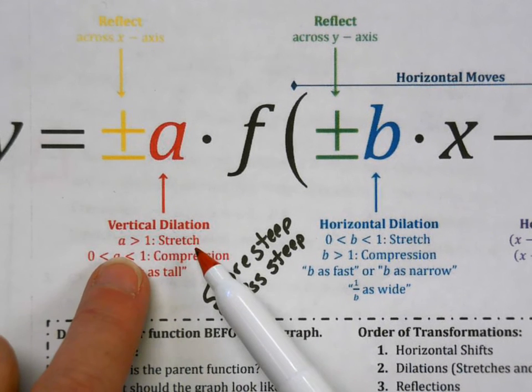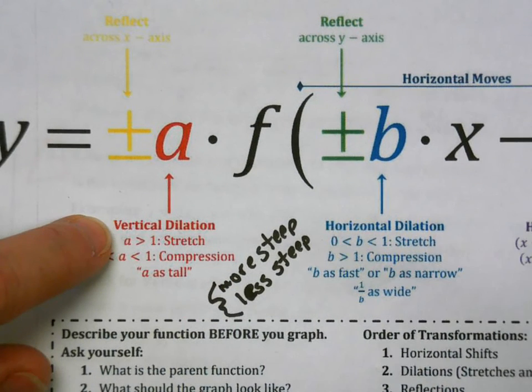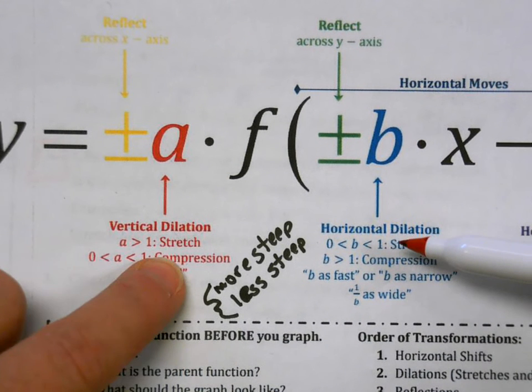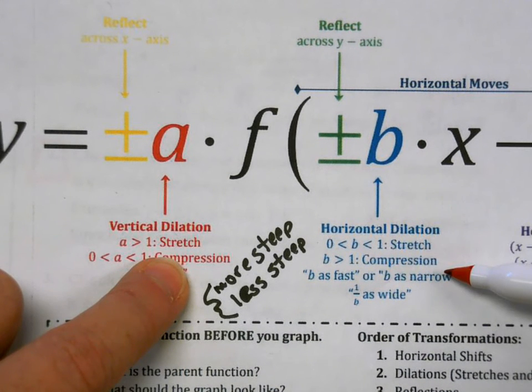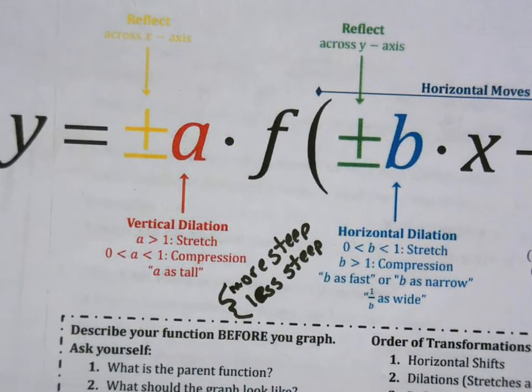If you choose to use stretch or compression, you have to also pair it with vertical or horizontal. Because vertical stretch is the same thing as horizontal compression. So you can't just say compression without also saying either vertical or horizontal. Does that make sense?